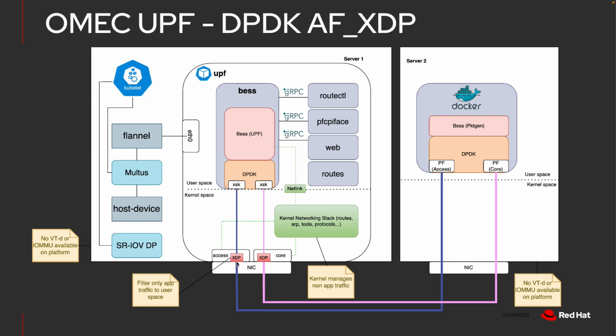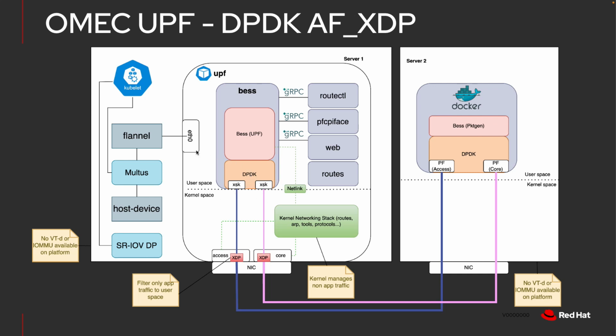This XDP program is going to filter only application traffic to the DPDK container, and all other traffic will essentially be processed by the kernel. DPDK will use AF_XDP sockets that are attached to the Linux-based netdevs, and it will process traffic through those in user space.